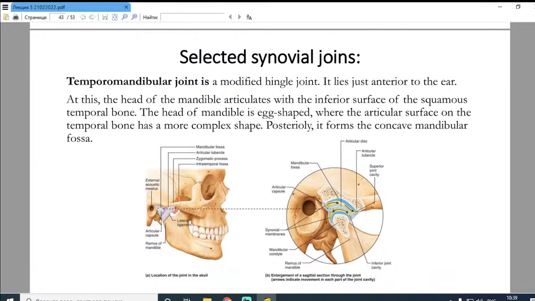At this joint, the head of the mandible articulates with the inferior surface of the squamous temporal bone. The head of the mandible is egg-shaped, and the articular surface is on the temporal bone.